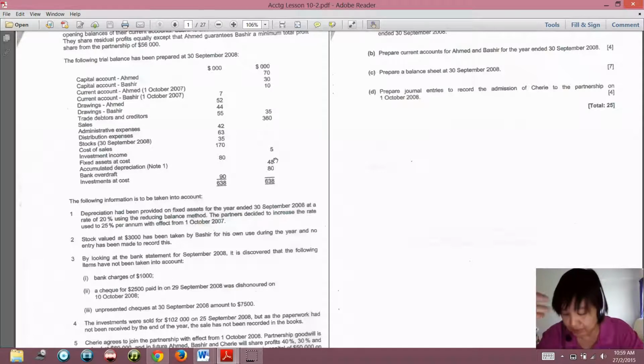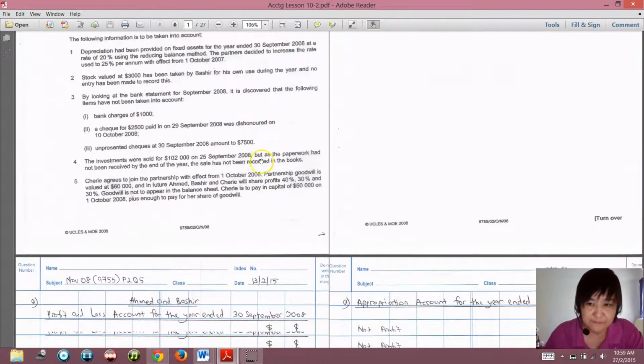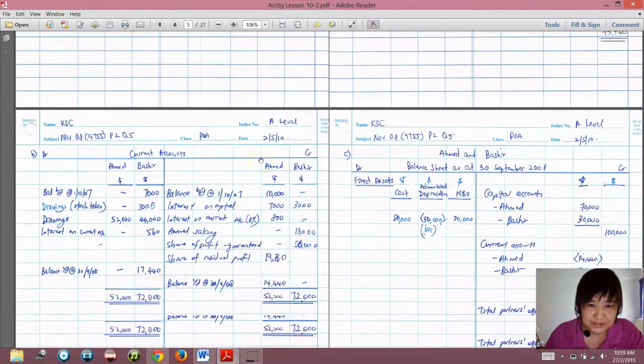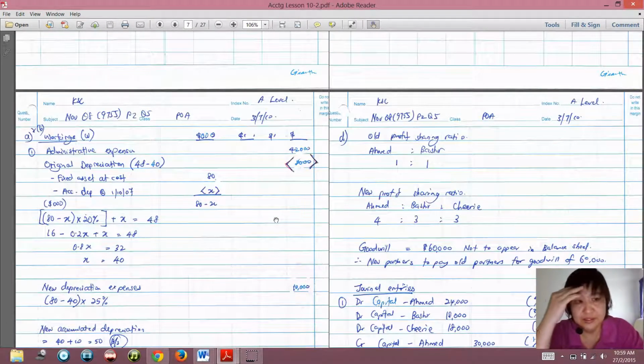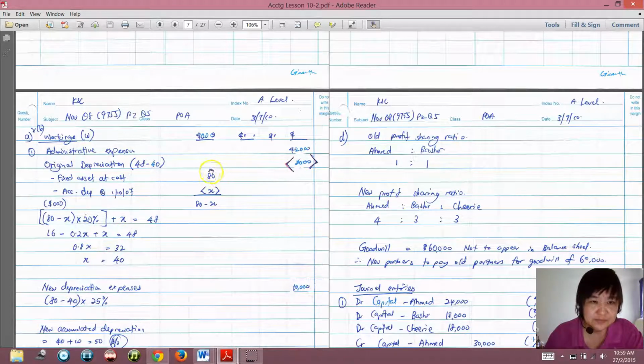The partners decided to increase the rate used to 25% per annum with effect from 1 October 2007. So you see, in the question, the fixed asset at cost is 80,000.